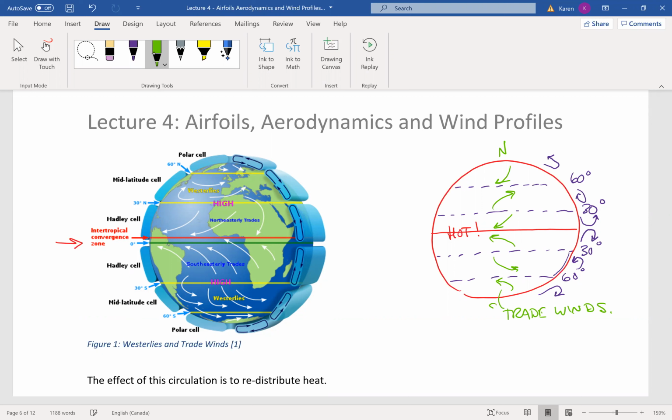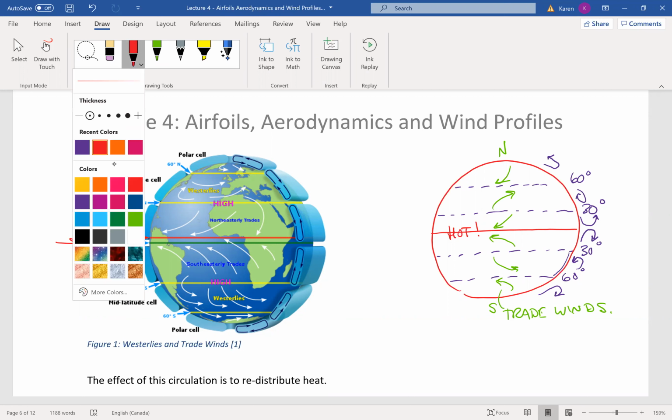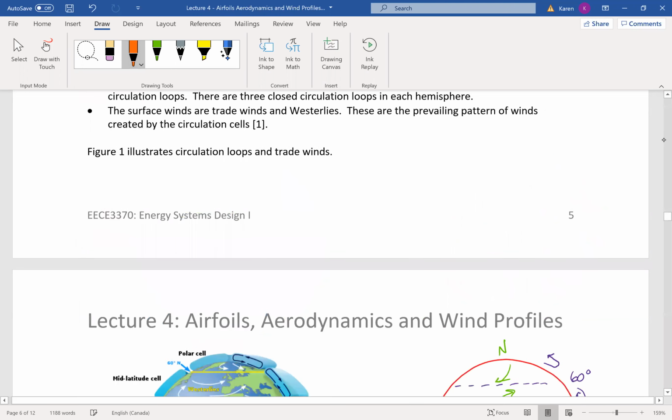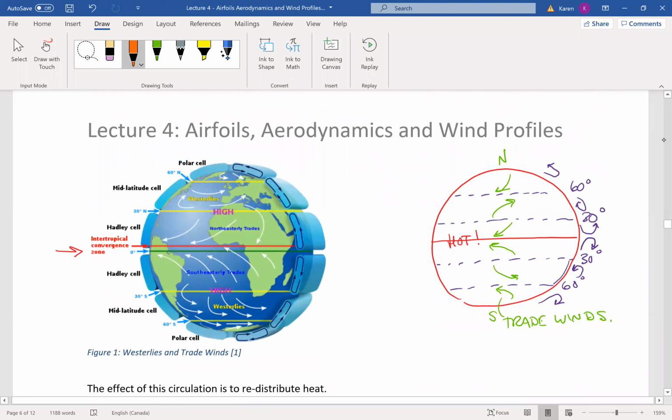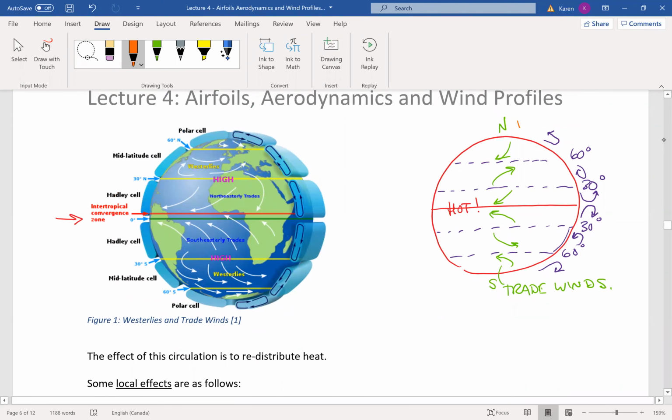This is our North Pole and this is our South Pole. And then there's another name for these winds at the North and South Pole. They're called polar easterlies. So at the North and South Pole, the winds are called polar easterlies.